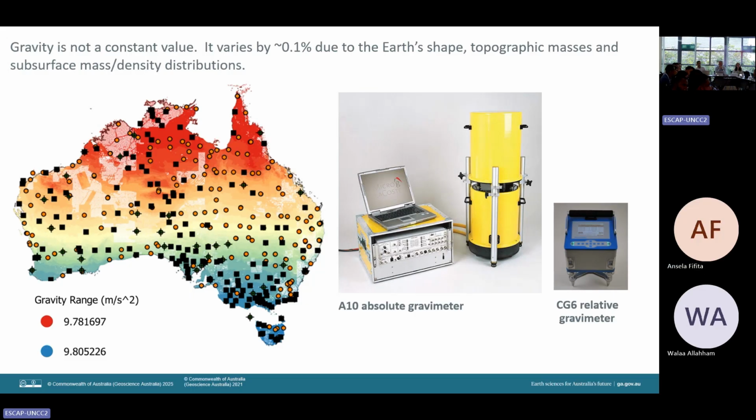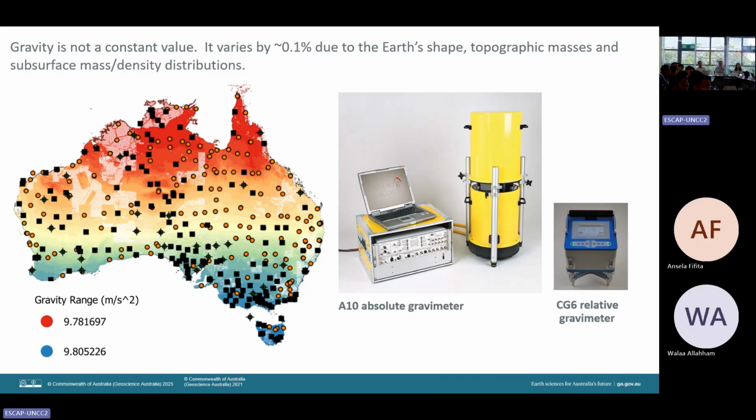The benchmarks act as a reference for more localized relative gravity surveys, which have typically been collected for mineral resource exploration purposes, which are shown as the smaller colored dots there, and the colors represent the graduating change in gravity across the continent. And these are typically collected with smaller, more portable instruments like the CG6 shown on the far right there.